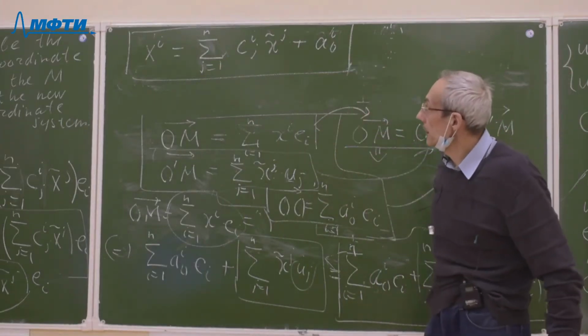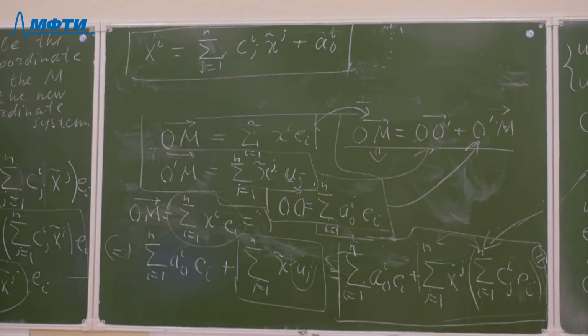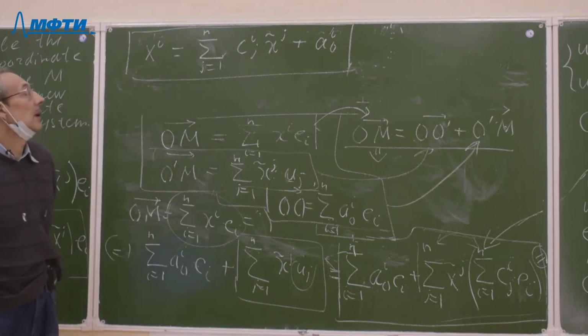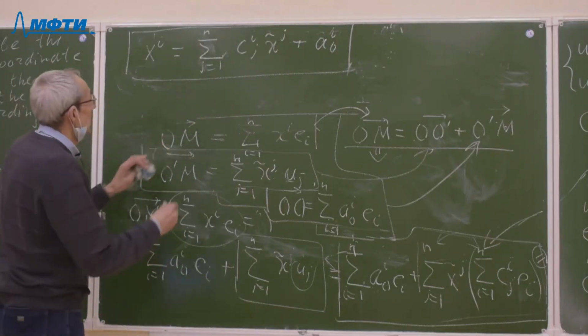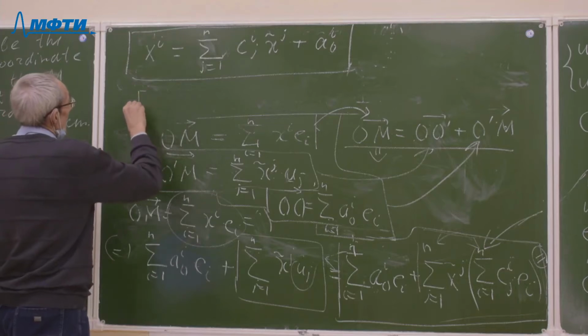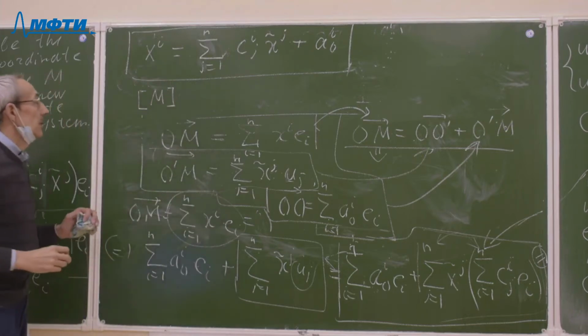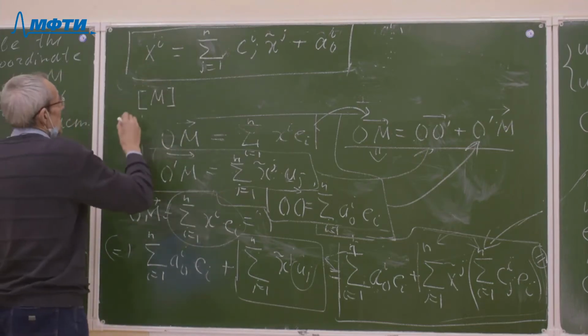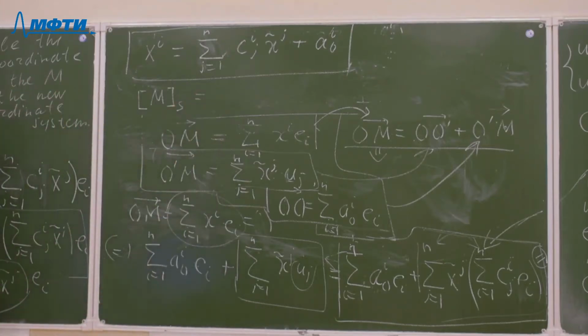This formula is a relation between the coordinates of an arbitrary point M in the old coordinate system and the coordinates of this point in the new coordinate system. Namely, we obtain the following equality. We have the arbitrary point M, x1, ..., xn the coordinates of this point in the old coordinate system.